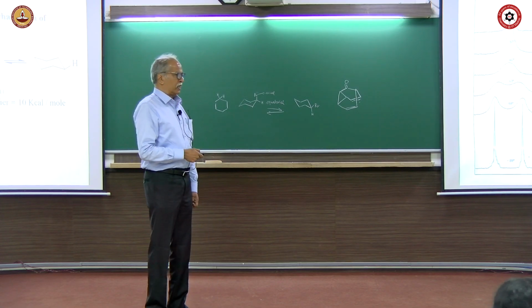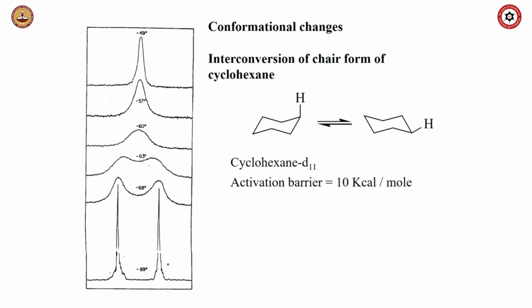So somebody has bothered to synthesize the D11 compound of cyclohexane and measured the NMR spectrum of the compound at various temperatures. Now, at a low temperature of minus 89 degrees Celsius, two reasonably sharp peaks are observed.